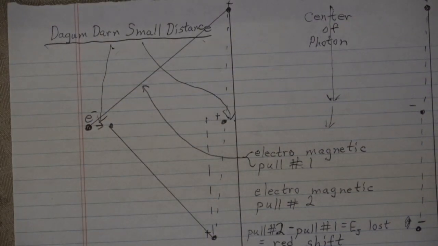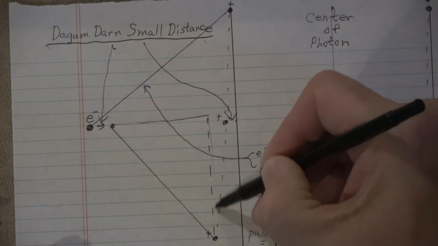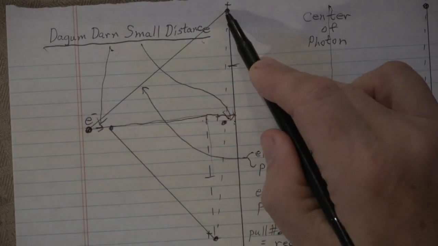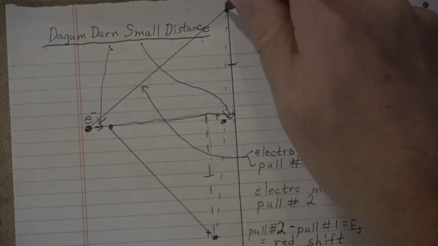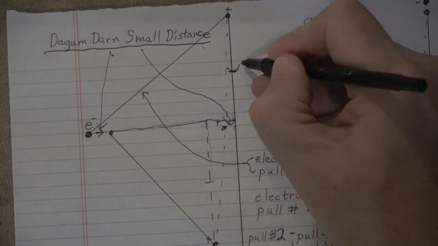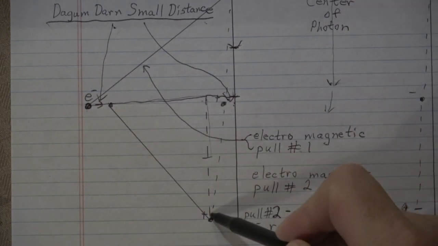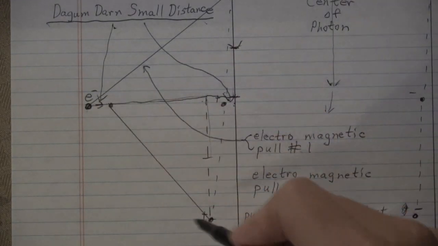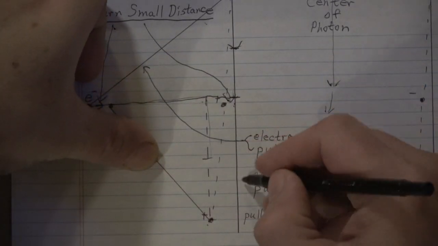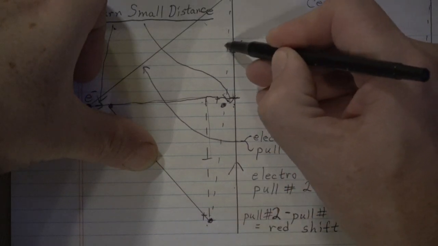Okay, going back to the basic model, these are triangles. So we have a triangle here to here, and a triangle from here. The distance is greater, so therefore the pull on this would be less, going this direction, from here to here. And the distance from here to here is smaller. Because the distance is smaller, the magnetic forces will be greater. So the slowdown would be greater than the acceleration.